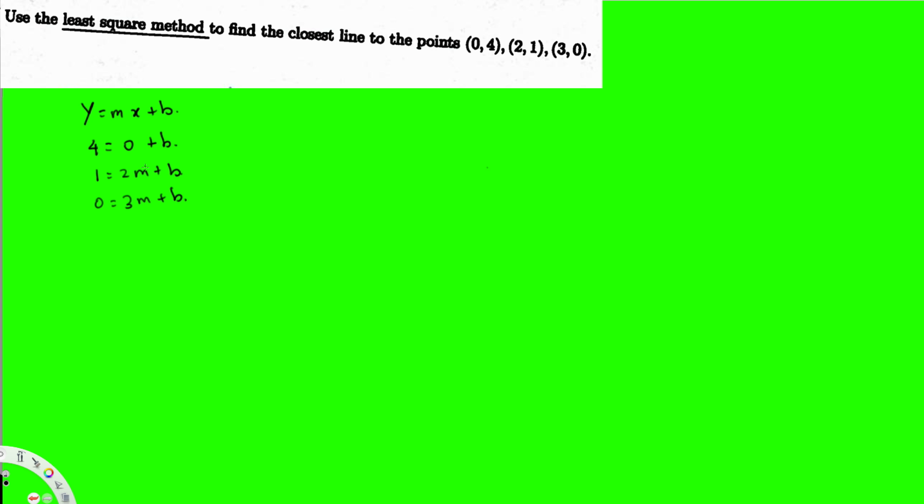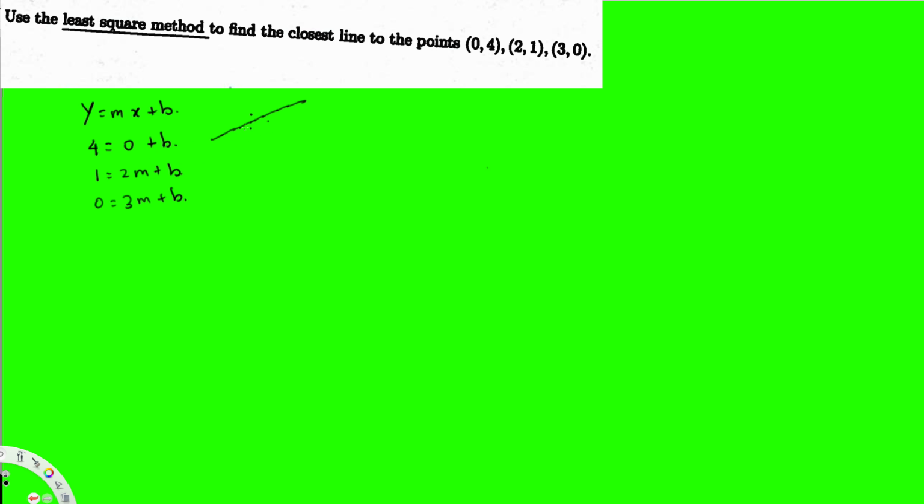If you solve for m and b from these equations, you are not going to get the same answer because the points are not on the same line. For example, the points are going to be something like this, right? So what we are trying to do is find the closest line that passes through somewhere like this, closest to each point.